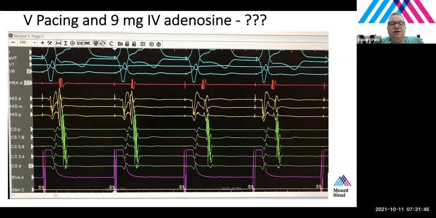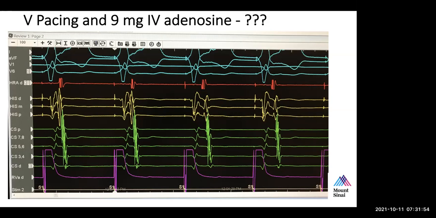Yes, I agree that the third and fourth beats look different than the first and second. How are they different, Berna? So in terms of their conduction pattern, they are different.